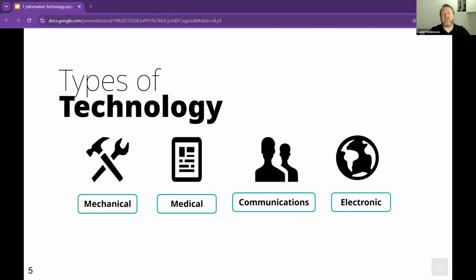This is where the computer is involved in the mechanical end of things, designing and creating items used in car manufacturing, all the way down to doing your own 3D printing and creating little Lego pieces. I've got a friend a couple of doors down who creates his own little Lego pieces, designed beautifully, and that's all done through the technology end of things. Medical, yes, we are driving into the medical society here.